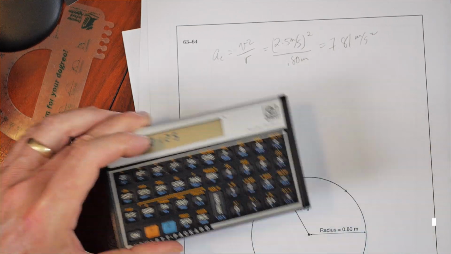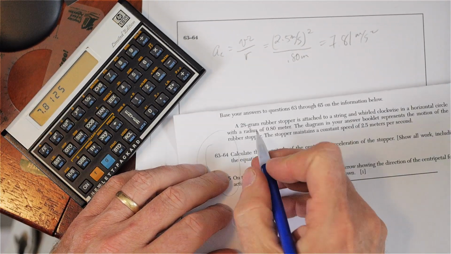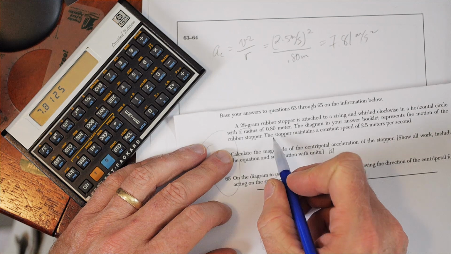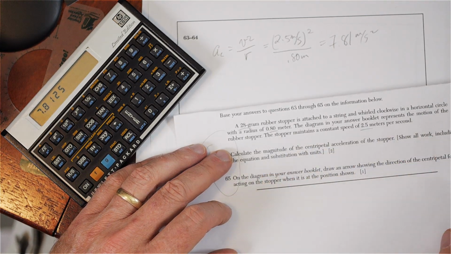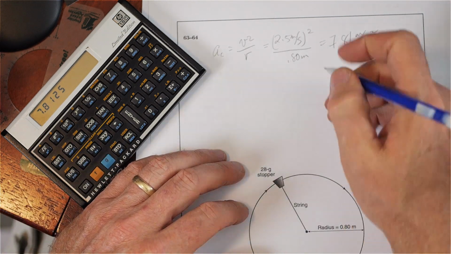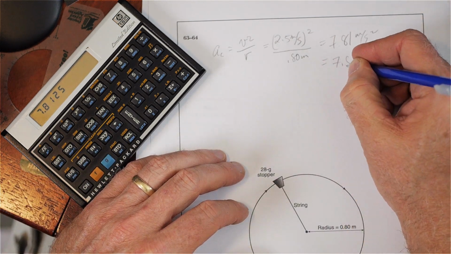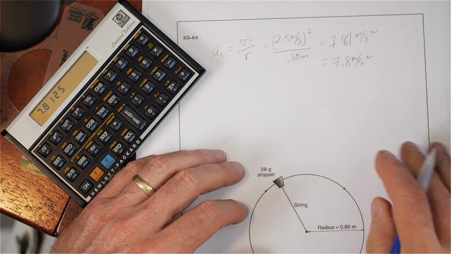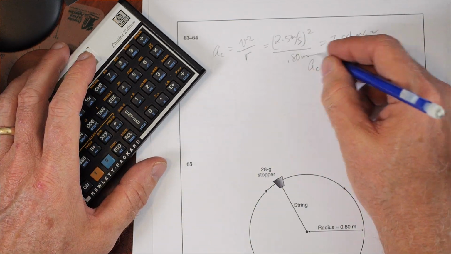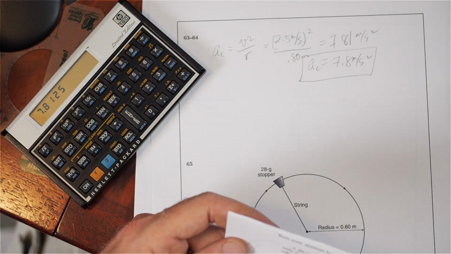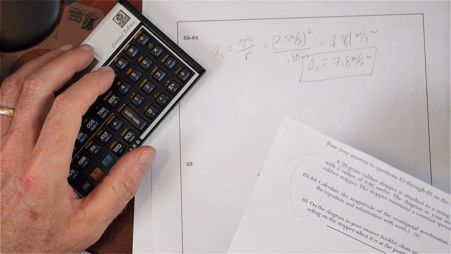Let's see how many significant figures I should have. Looks like 2. So 7.8 meters per second squared is the centripetal acceleration.